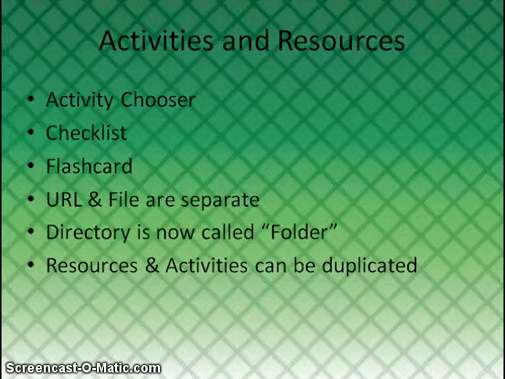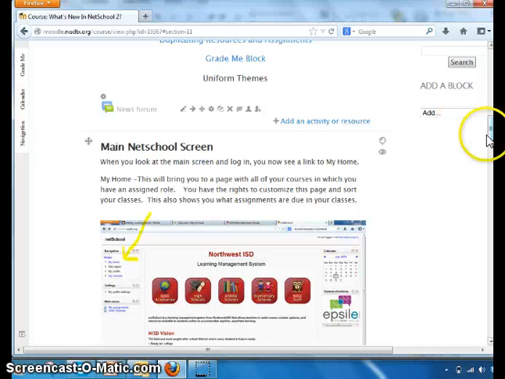When it comes to activities and resources, there are a few more differences that you'll notice. The first one has to do with the activity chooser. The activity chooser has to do with when your editing is turned on and you would go to add an activity or resource. Before, you would have resources over here to the left and activities on the right.